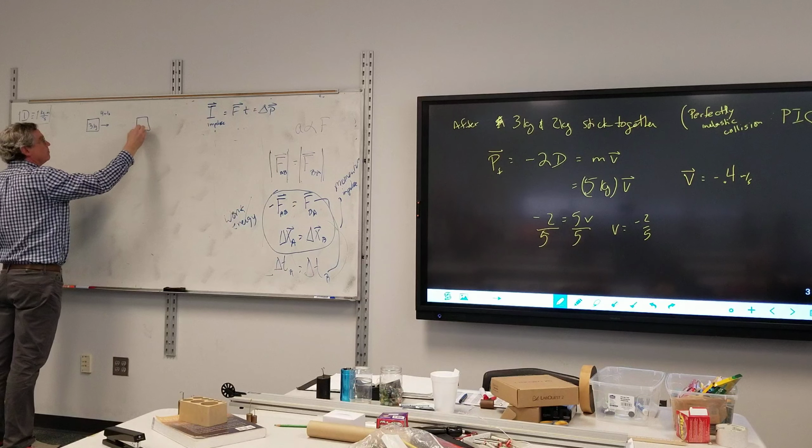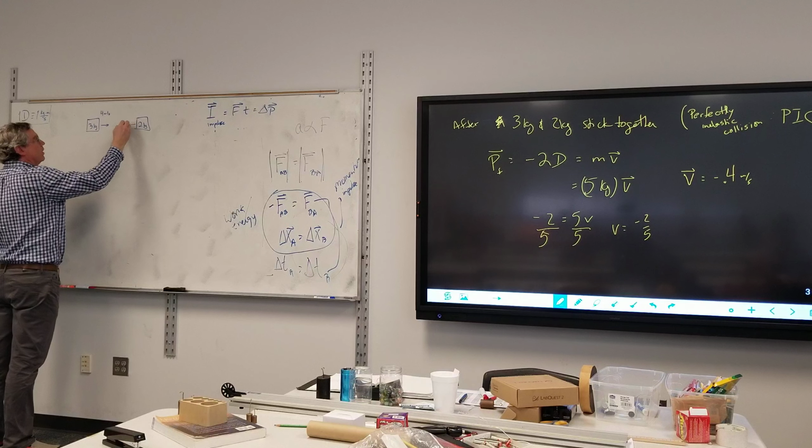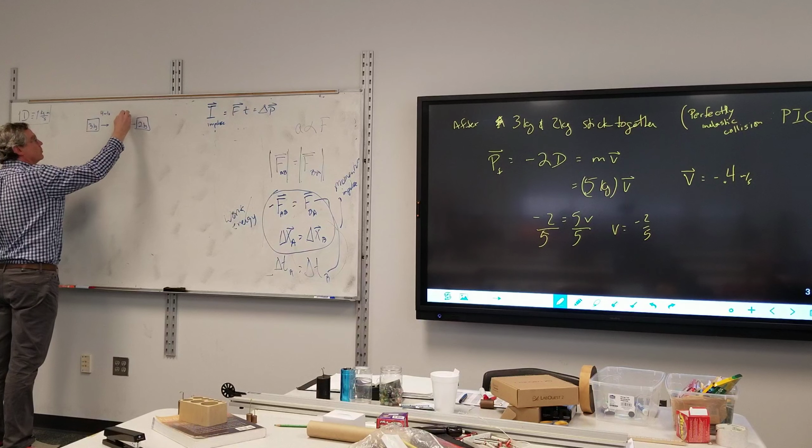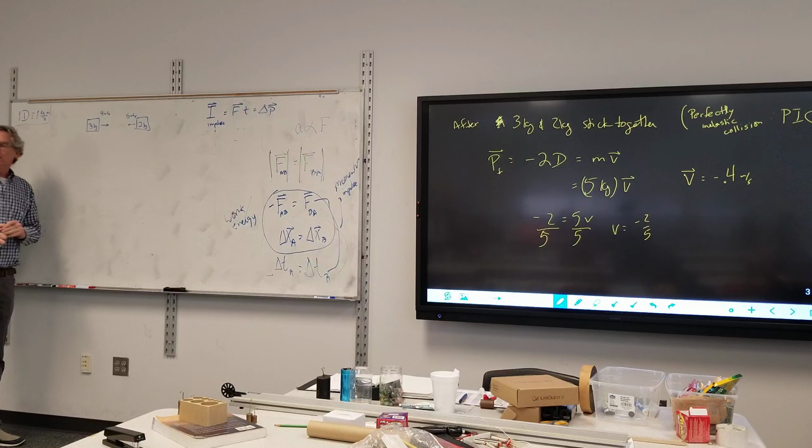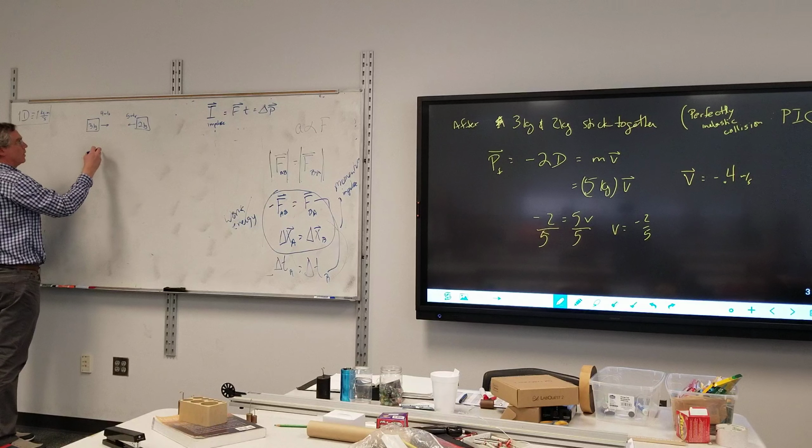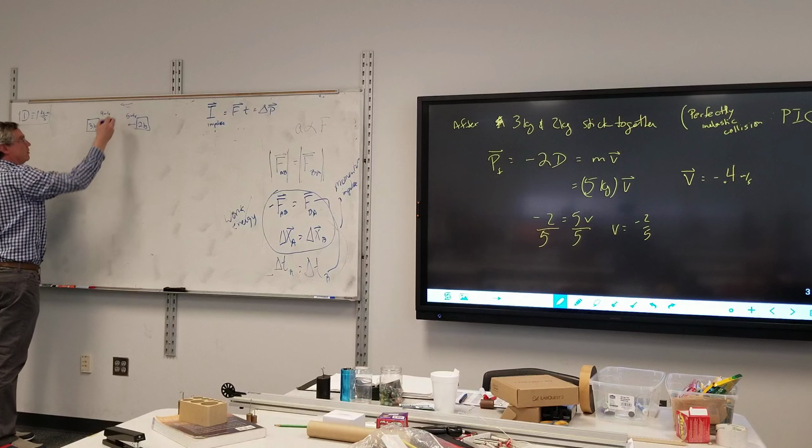I have my 2 kilogram object heading to the left at, I think it was 5 meters per second. Do we want to stick with to the left is negative? Got a couple nods there. So to the left is negative.